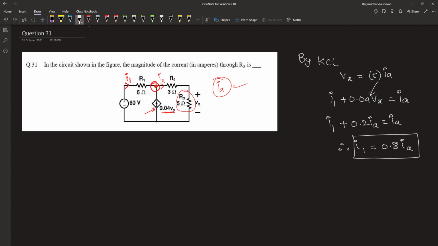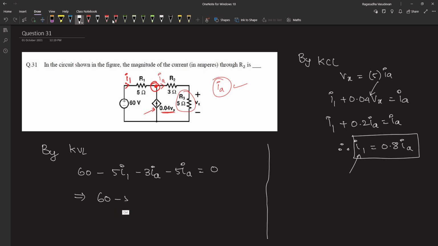Let's keep this aside and now let's find out the value of I1. By Kirchhoff's voltage law, we can say that 60 minus 5I1 minus 3Ia minus Vx, where we can write Vx as 5Ia, is equal to 0. So this implies that 60 minus 5I1 minus 8Ia is equal to 0.